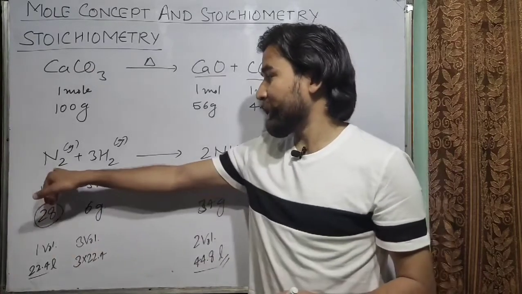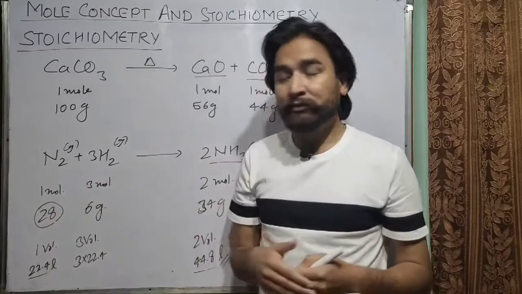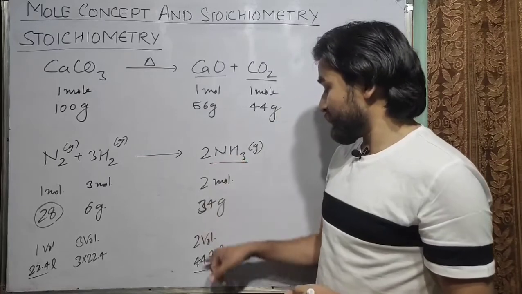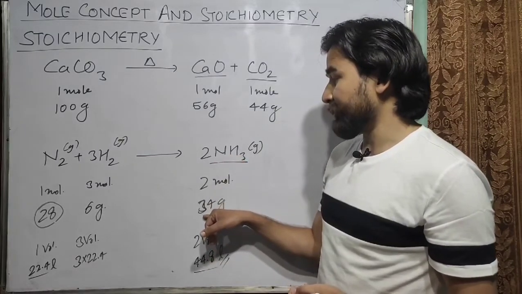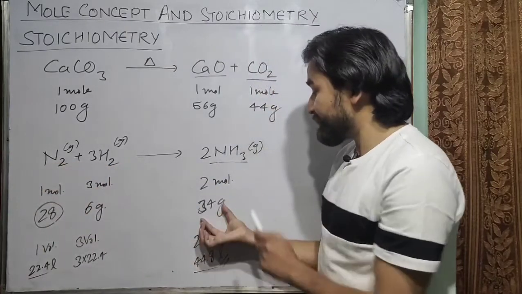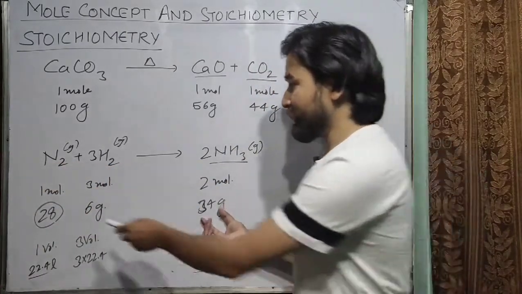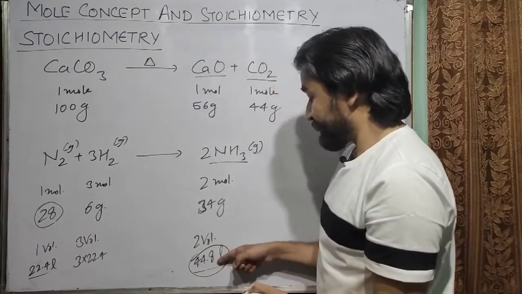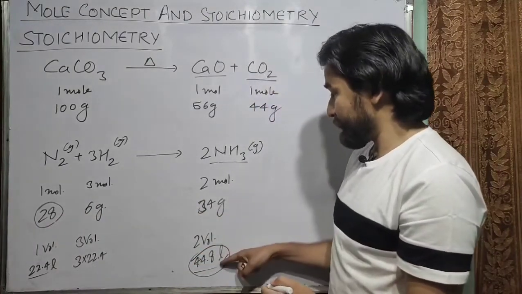So if the amount of nitrogen is given in grams, you can calculate the volume or the mass, because 28 gram of nitrogen will give 34 gram of ammonia, or you can say 28 gram of nitrogen will give 44.8 liter of ammonia.